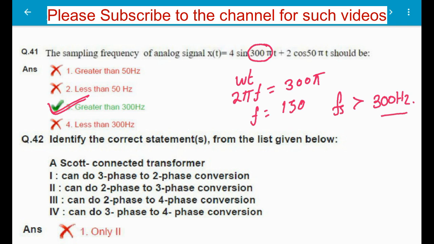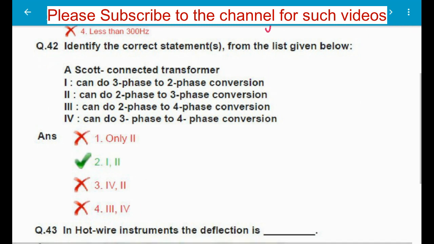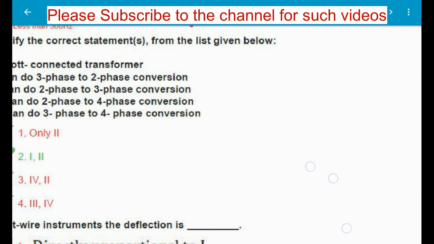Identify the correct statements from the list given below. First statement: a Scott connection transformer can do 3 phase to 2 phase conversion, 2 phase to 3 phase conversion, 2 phase to 4 phase, and 4 phase to 3 phase. Actually, the Scott connection is like this.